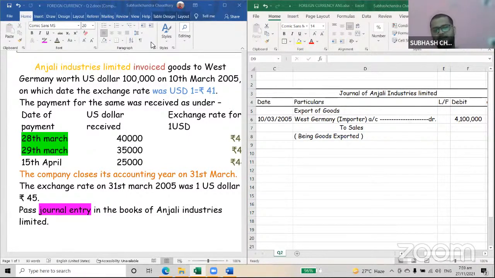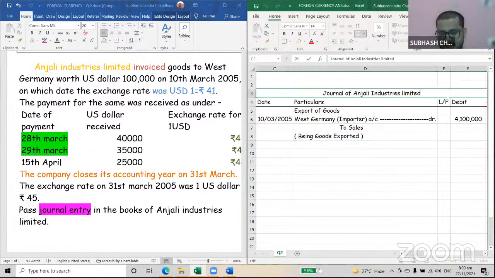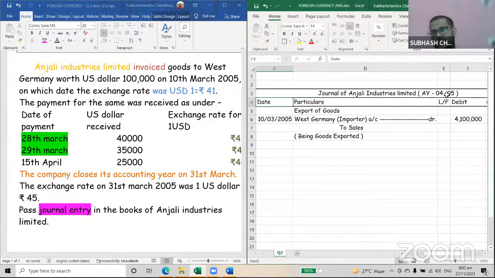Okay. Now see, the first entry is done. Now it's the time of payment. And here I am considering accounting year 0405.